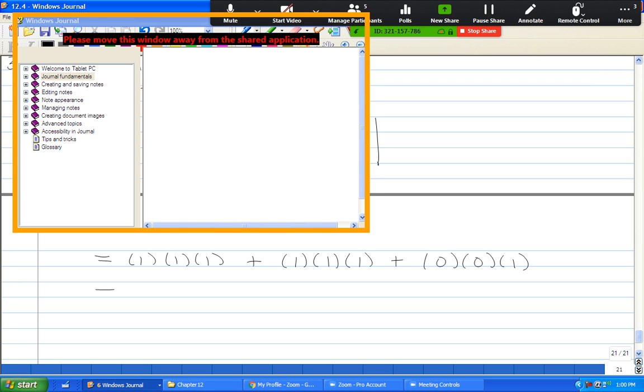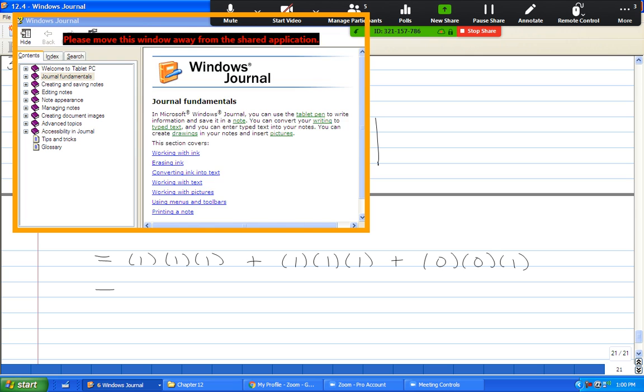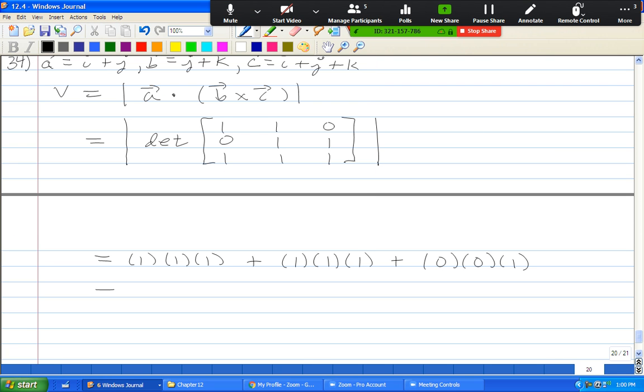Get control back of my screen. Okay, minus 1, 1, 0 minus 1, 1, 1. So it's 1, 1, 1 minus 1, 0, 1.